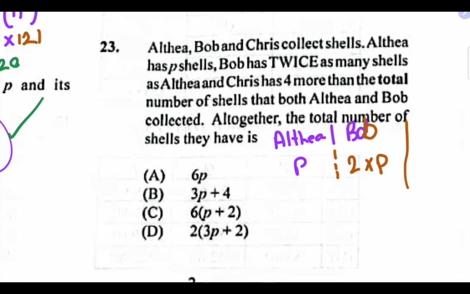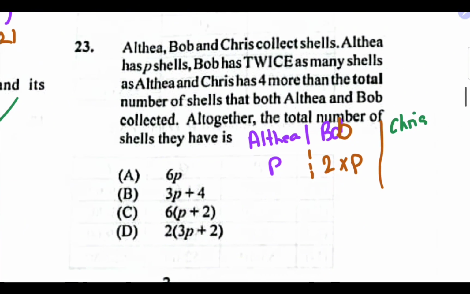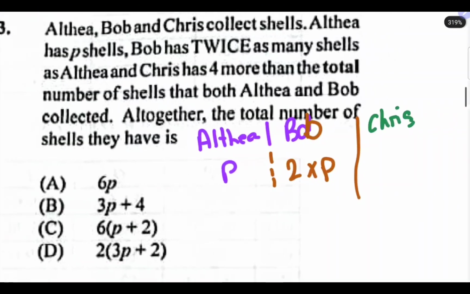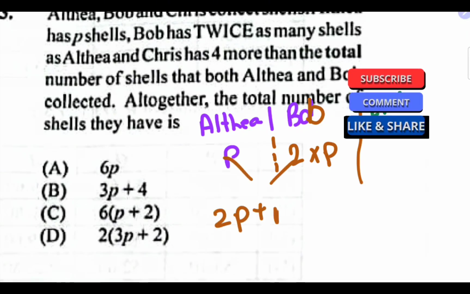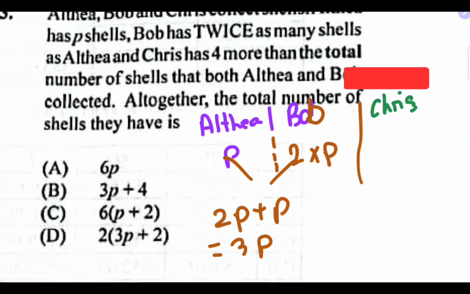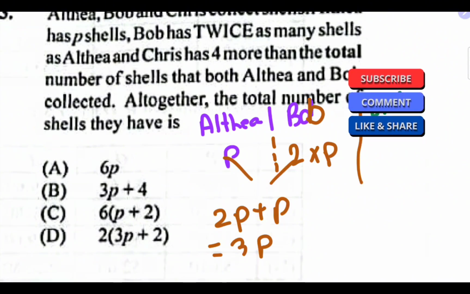And Chris has 4 more than the total number of shells that both Althea and Bob collected. Okay, so now we need to add the total. What we have here would be 2P plus P, which would be 3P in the end. So the total is 3P.